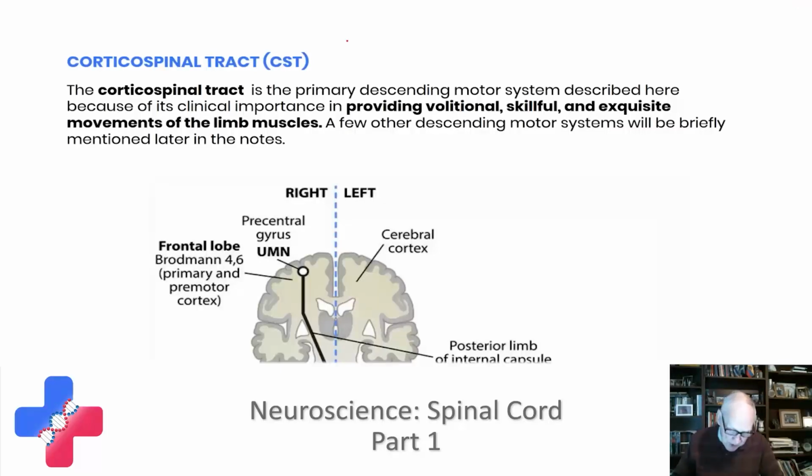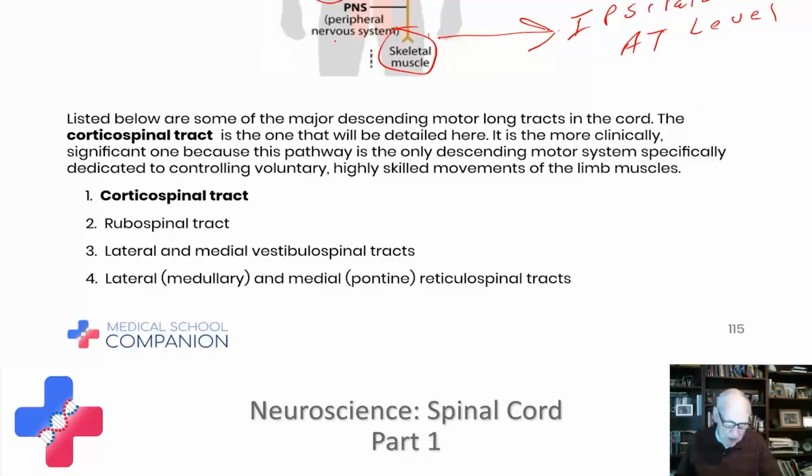All right, now notice that as we are beginning to leave the general overview of long tracts and upper and lower motor neurons, here's just a short list of some of the major descending motor pathways that are found in different parts of the white matter, whether it's dorsal, lateral, or anterior. And some of the names you might remember: rubospinal, vestibulospinal, reticulospinal. So those are names of some of the others, but the main one that we're going to be dealing with is corticospinal.